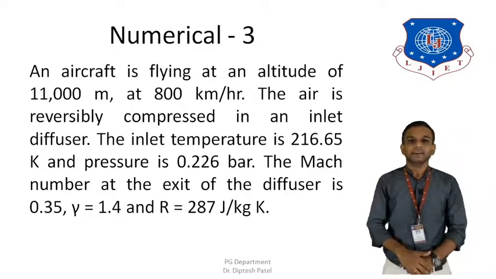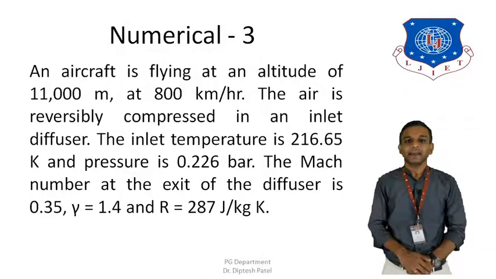An aircraft is flying at an altitude of 11,000 meter at 800 kilometer per hour. The air is reversibly compressed in an inlet diffuser. The inlet temperature is 216.65 Kelvin and the pressure is 0.226 bar.